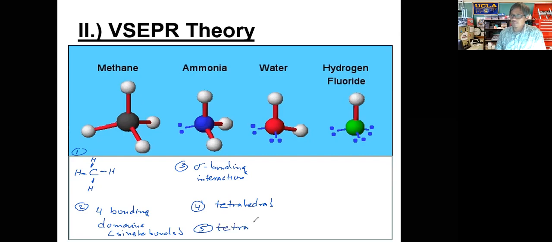Now remember, the difference between these two is that with the electron geometry, we take into account all of the domains. With the molecular geometry, we only consider the bonding domains. And so for methane, since we have all 4 bonding domains, the geometry will be tetrahedral for both electron geometry and molecular geometry.